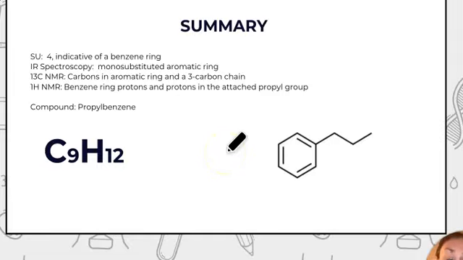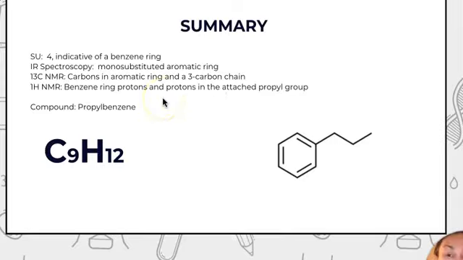So to conclude, we were able to determine that we have a benzene ring that is monosubstituted. We saw that the carbon shifts are indicative and support the benzene aromatic shift. And we did see a 3-carbon chain also in carbon NMR.